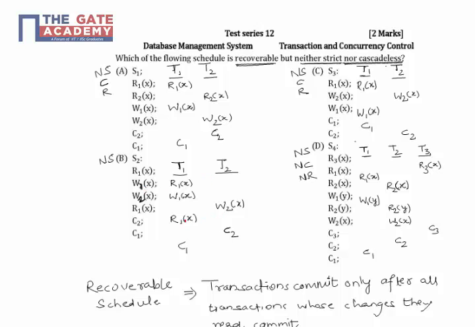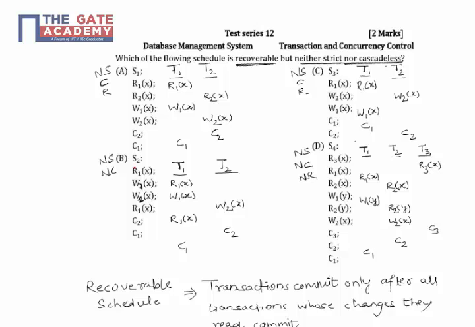Also, observe that the transaction T1 reads the value of X written by transaction T2, which is yet to be committed. So, whenever transaction T2 aborts, transaction T1 also need to be rolled back. So, this schedule is not a cascadeless schedule.